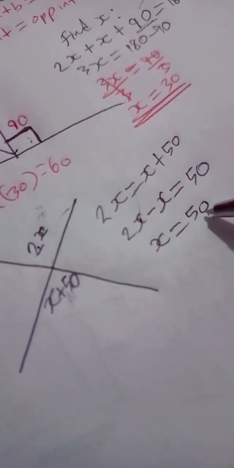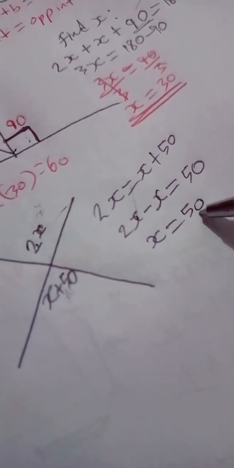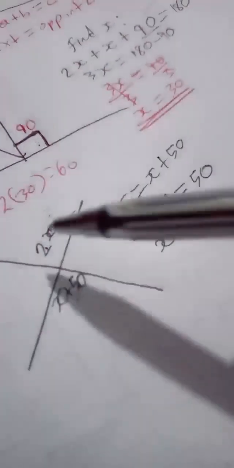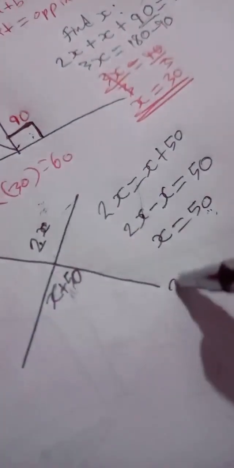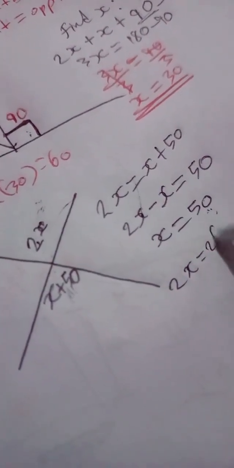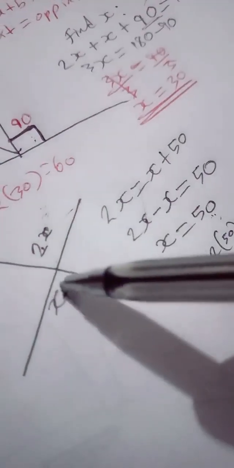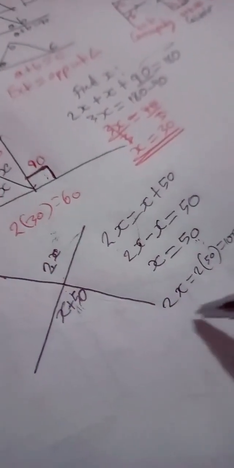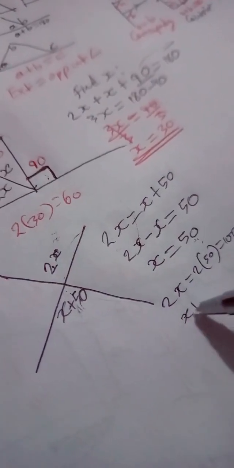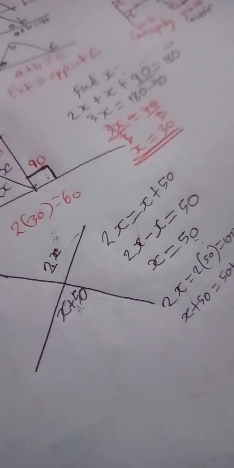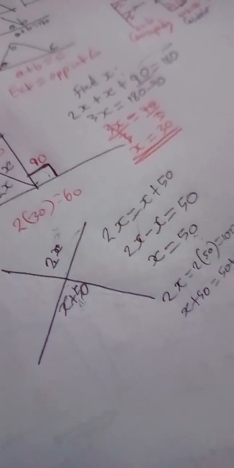Now we get our 50 for x. So the moment x is 50, that means if we come here, 2x is going to be 2 bracket 50, which is 100. This one is going to be 50 plus 50, right? x plus 50 is 50 plus 50, which is 100.